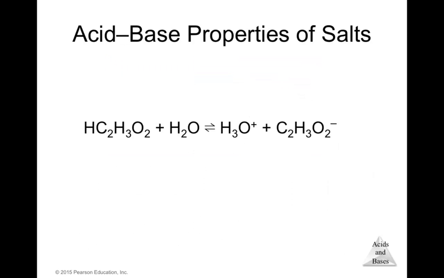So let's talk about the acid-base properties of salts. First, let's review this equilibrium between acetic acid and water. When these two react, they produce H3O positive and the ion acetate. Remember that in equilibrium, we're going to have all four substances in the beaker: the acetic acid, water, H3O positive, and acetate.